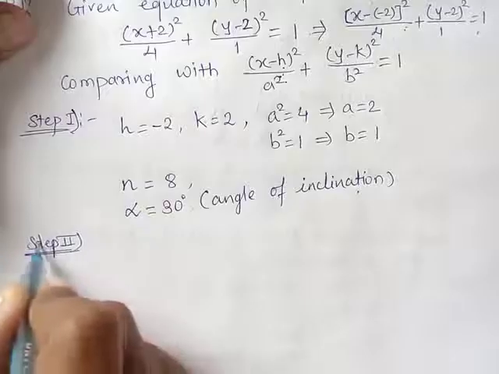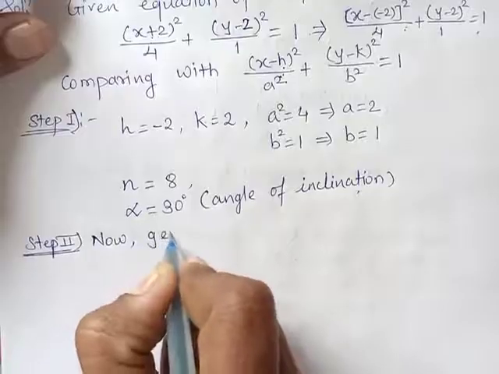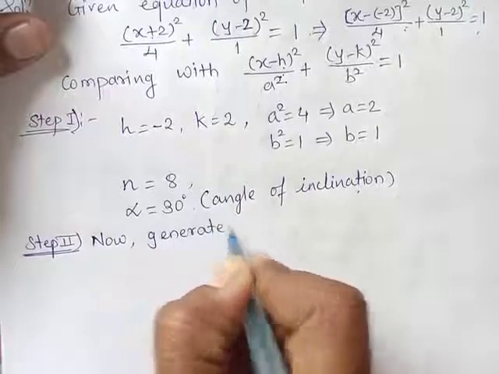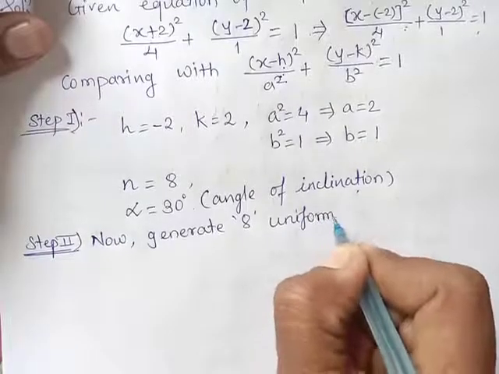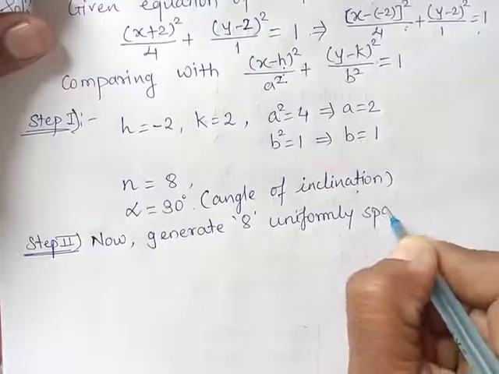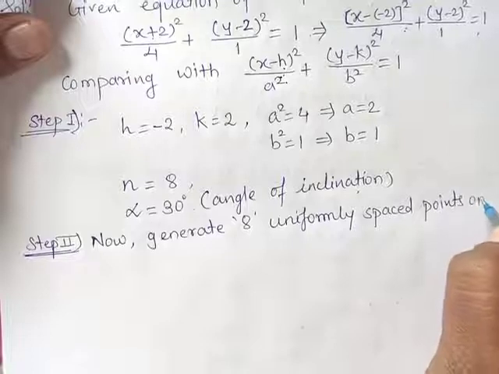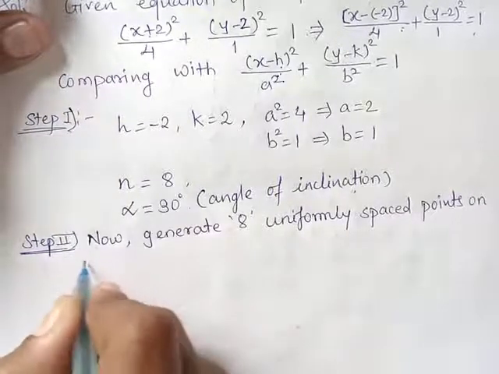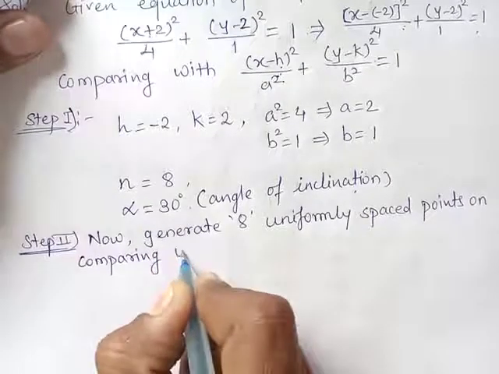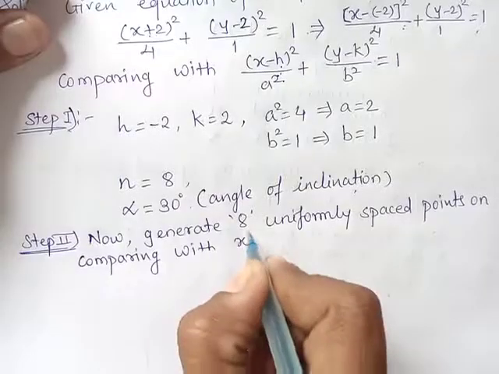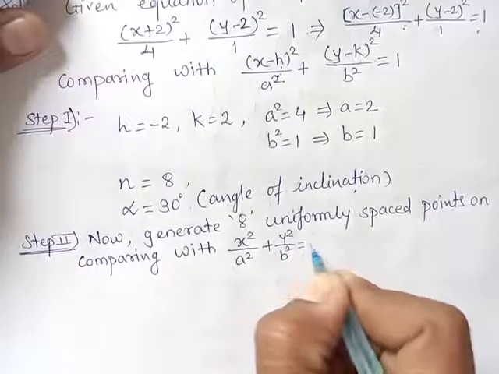Step 2. So now generate 8 uniformly spaced points on, comparing with x square by a square plus y square by b square equal to 1.